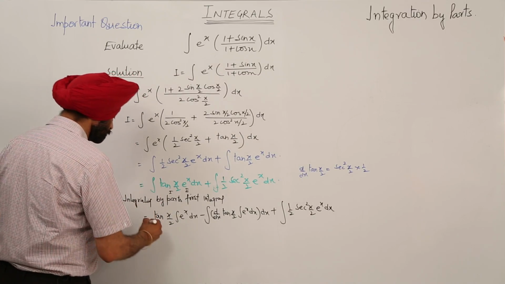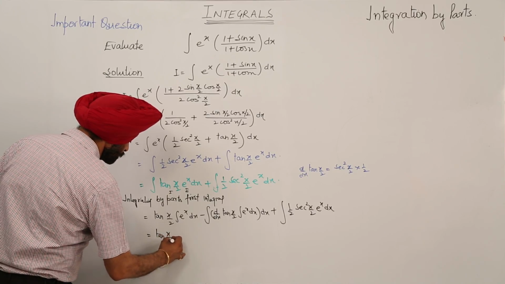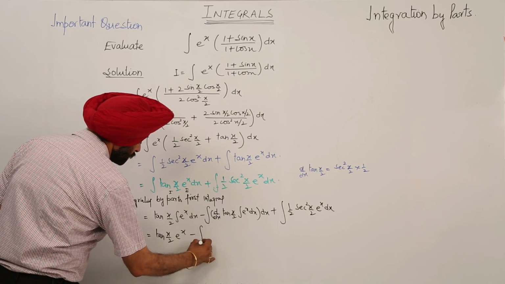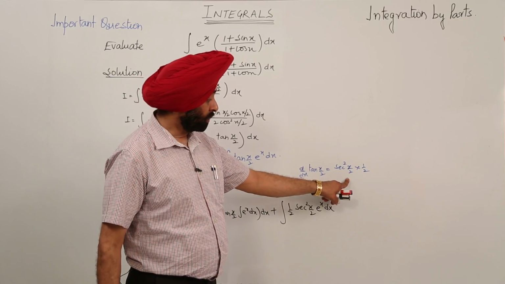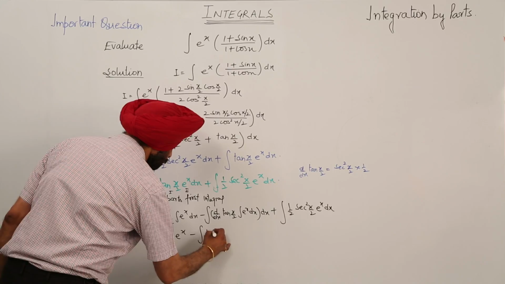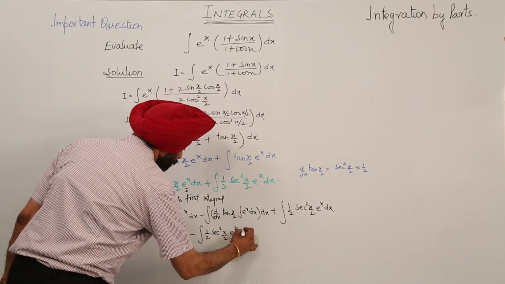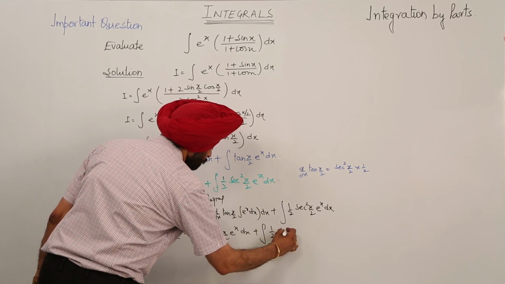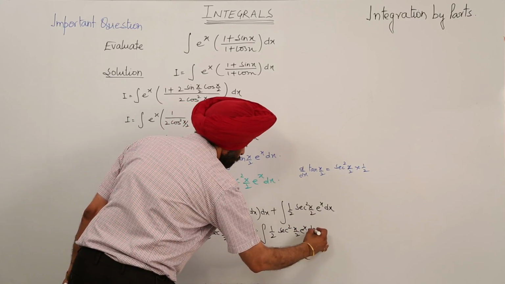Now this becomes tan x by 2 e raised to power x minus integration of, now d by dx of tan x by 2 is what? Half secant square x by 2. So half secant square x by 2 e raised to power x dx plus half secant square x by 2 e raised to power x dx.